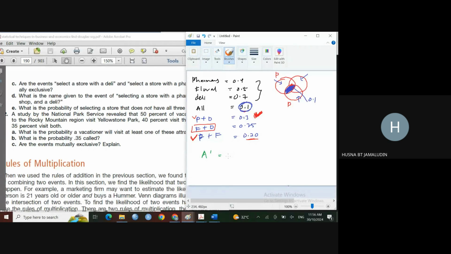Remember, A is something in A, but the prime means not A. So in this question, you already have all, which is 0.10, but you don't want those who have all three departments. So A prime is 1 minus the probability of A. What is the probability of A? A means you have all the departments, which is 0.1. So what is your answer here? You will get 0.9. So far so good? Good.